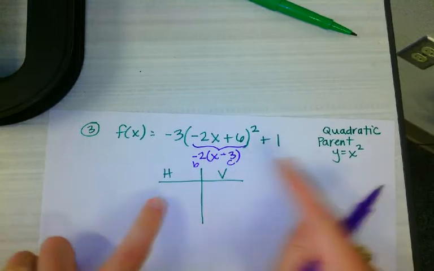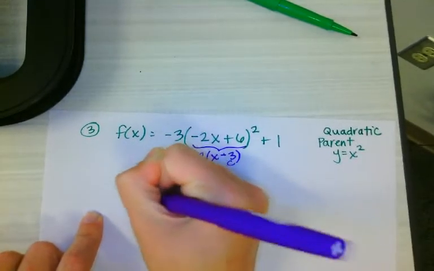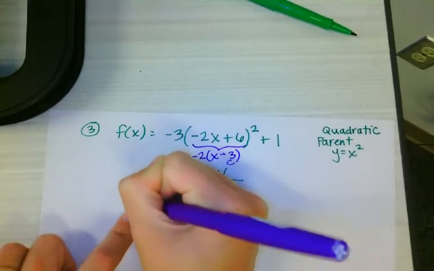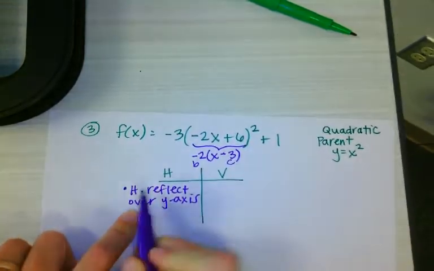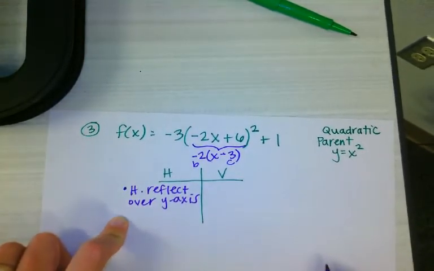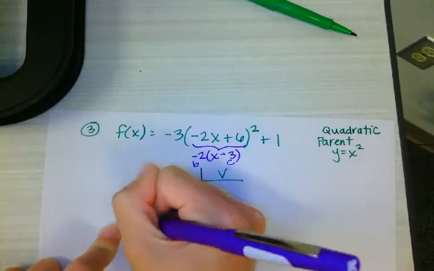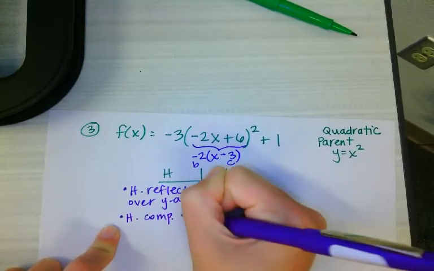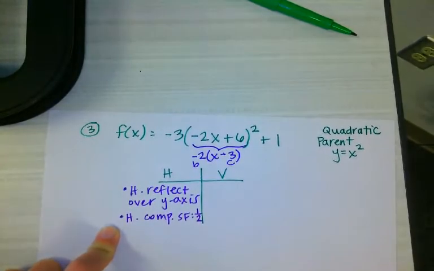Okay, so looking at this that we just simplified, I see b is negative, so right away that's a horizontal reflection over the y-axis. If you just write horizontal reflection, that's fine. The 2, well, everything with x is opposite, so this is a horizontal compression, and that scale factor is the reciprocal of 1/2.